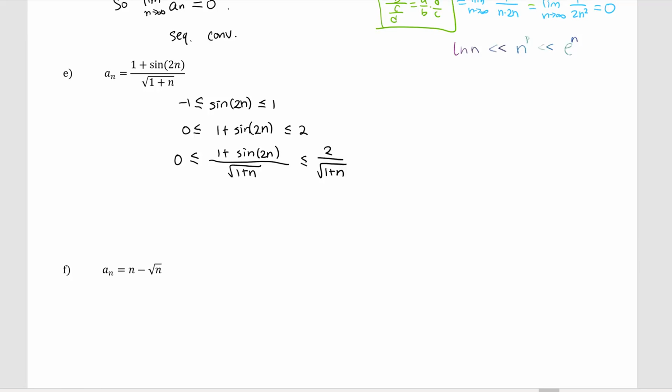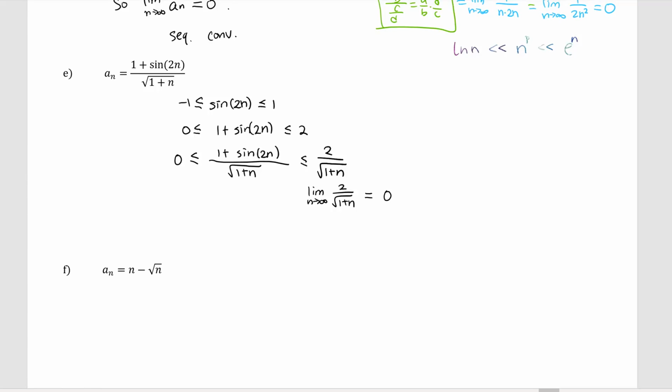Now, the left-hand side is always 0. How about the right-hand side? The limit as n goes to infinity of 2 over the square root of 1 plus n: we have a constant over something going to infinity, so the answer is 0.